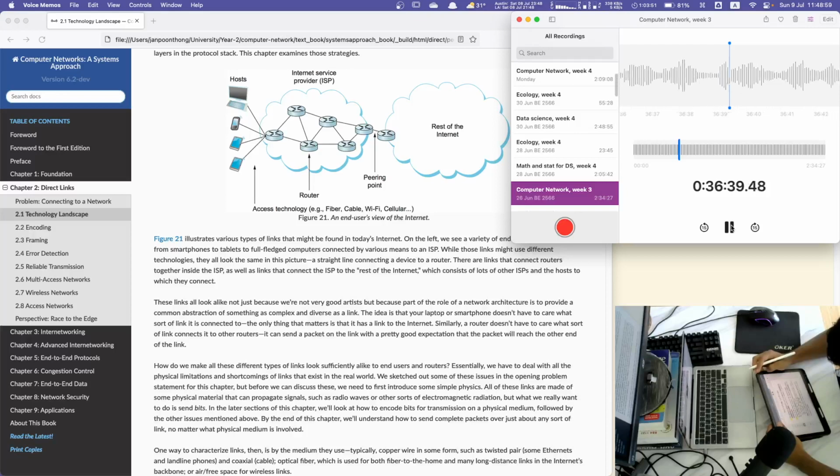So wavelength is velocity divided by frequency. If you know the velocity and the frequency of the wave, you can calculate the wavelength in meters.